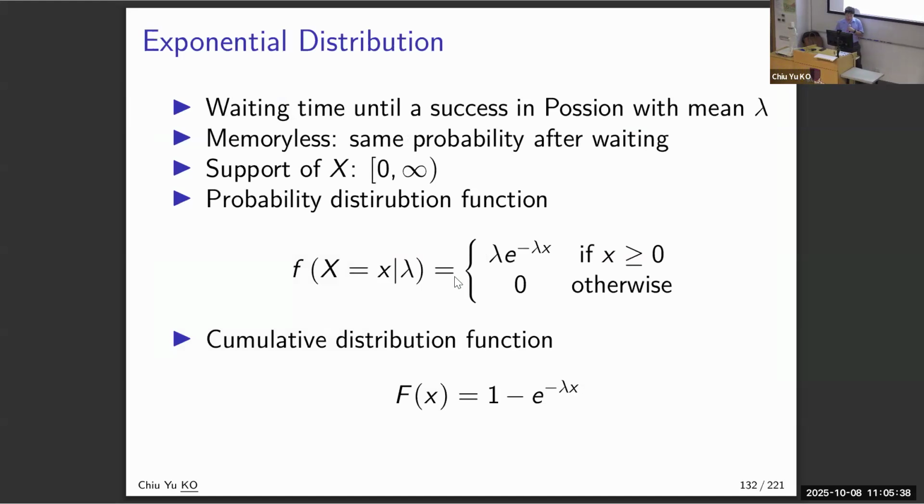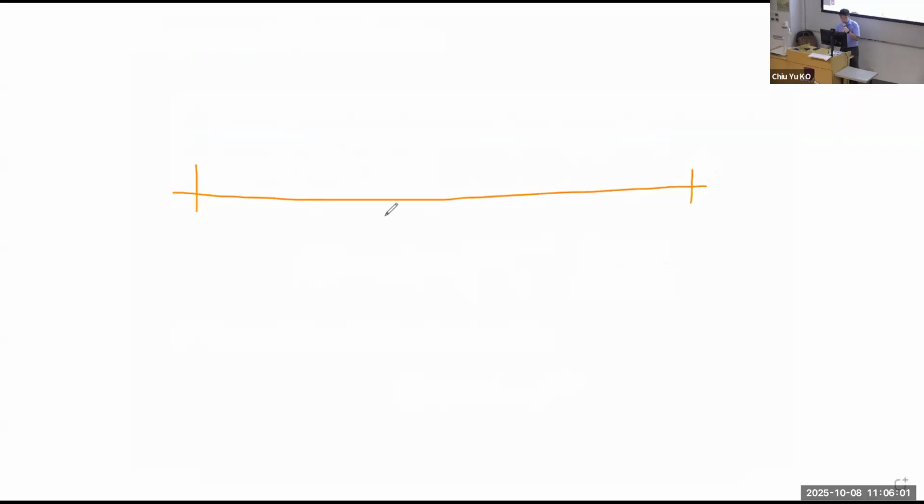So now we go to the exponential. Exponential is just the Poisson idea. If you remember, Poisson is over a period of time asking how many successes. Let me draw a picture. Over a period of time, you ask how many successes you have, maybe 1, maybe 2, maybe 3.